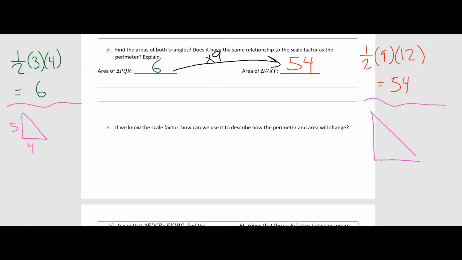We'll make the scale factor 4 this time. You know what? We'll actually make it 2, a little easier. We'll do 8 and 10. So find the areas of both of those and see if you can then figure out how the scale factor plays a part, also looking at the relationship between the first 2 areas.